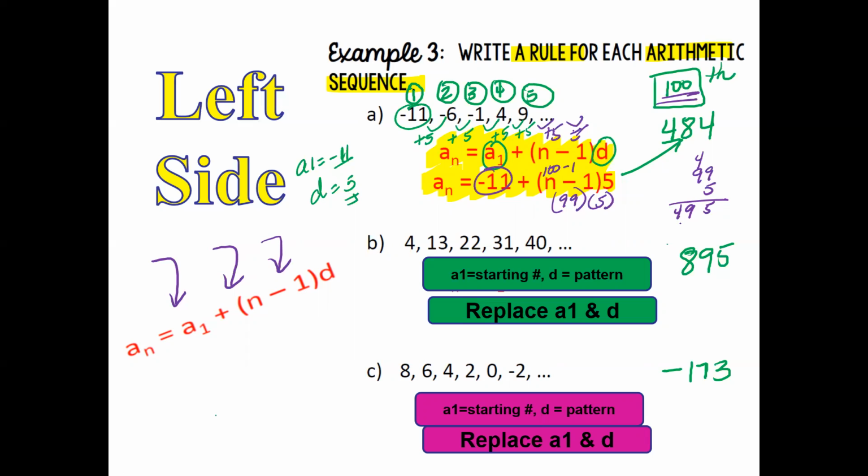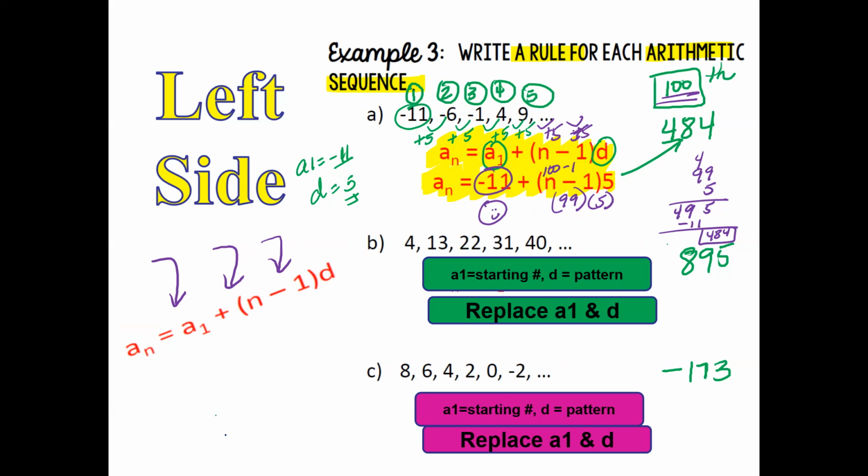But then don't forget the minus 11, which is going to give you 484. So if you were to do this plus 5 100 times, your answer is 484 on the 100th term. So this little formula is actually pretty awesome because it saves you some time.